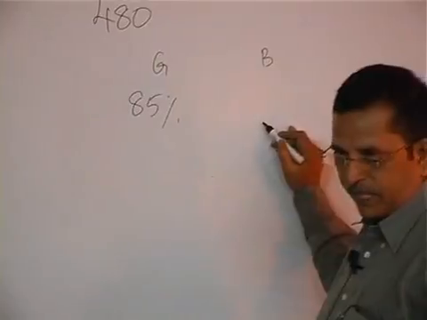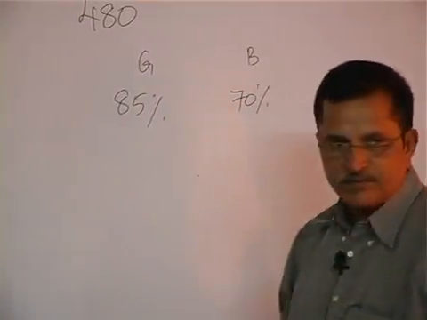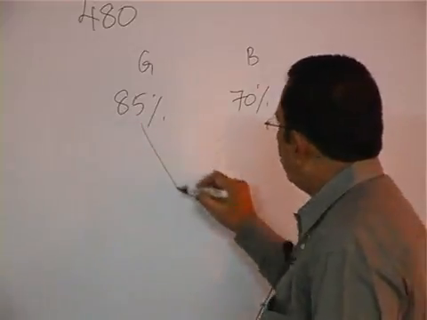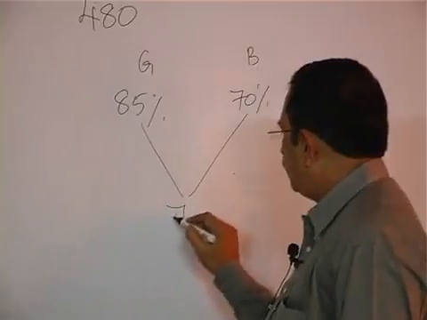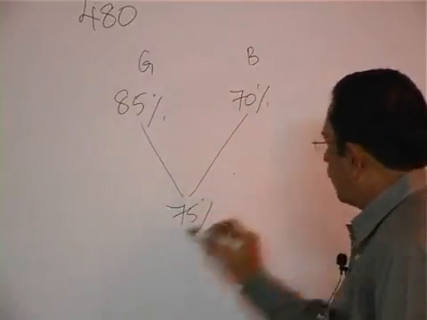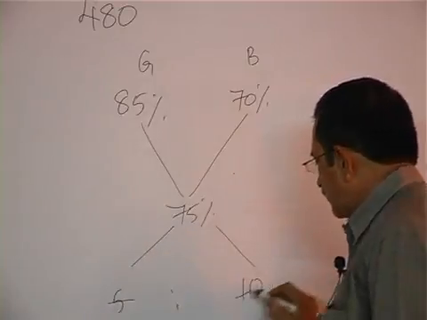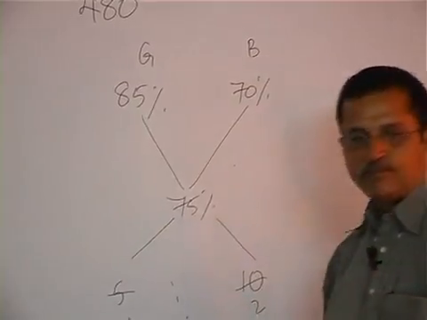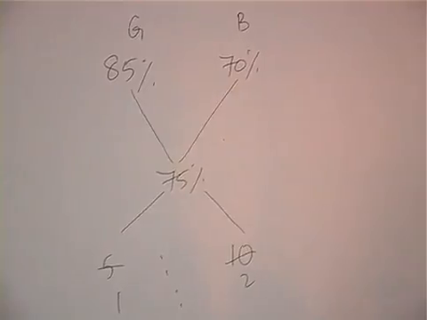Boys, how many? 70% of the boys passed. On an average, what is the pass percentage? 75. 85, 75, the difference is 10. 5. 5 is to 10 means 1 is to 2. So boys and girls are in the ratio of 1 is to 2.